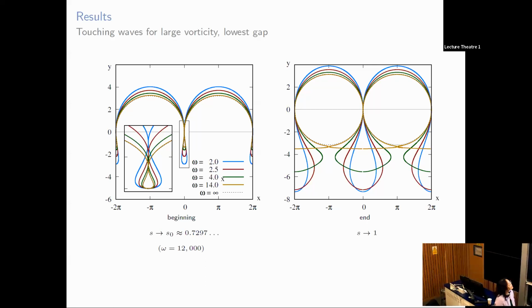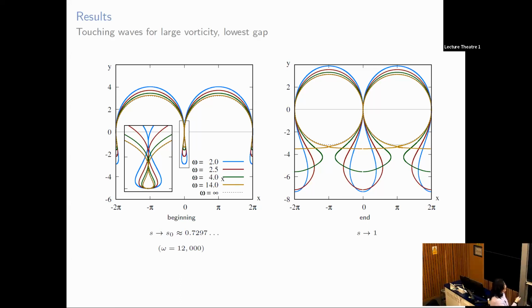And on the right, at the end of this gap, the limiting value is 1. That means the wave height is the same as the wavelength. Moreover, it seems very obvious that the limiting shape is a perfect circle. So it seems clear that the infinite vorticity limit of these waves is a fluid disk in solid body rotation.